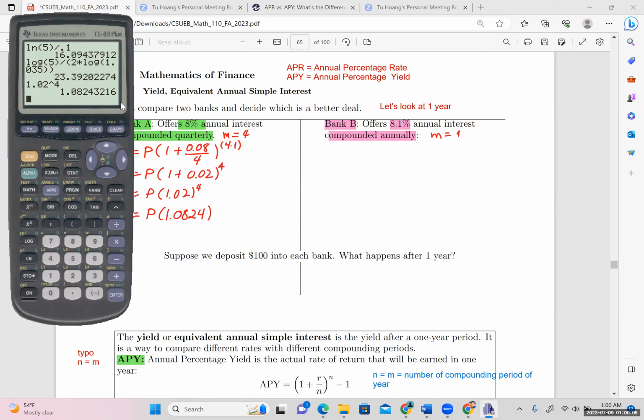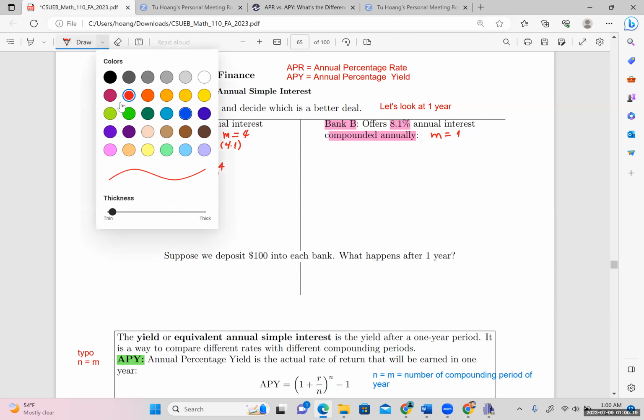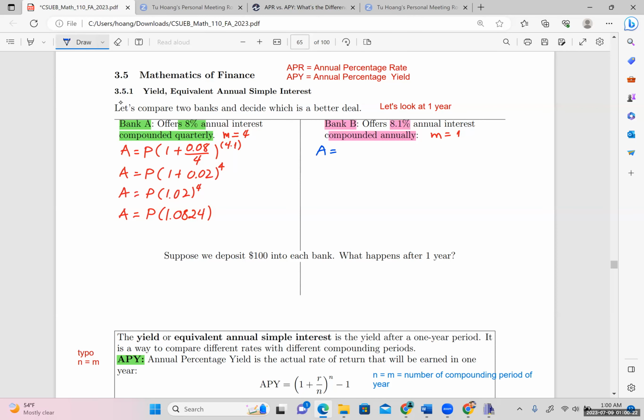Now for bank B, I have A equal to P, and maybe I use another color, the blue one. A equals P times 1 plus 0.081 divided by 1, raised to the power 1 times 1, that is 1 year.